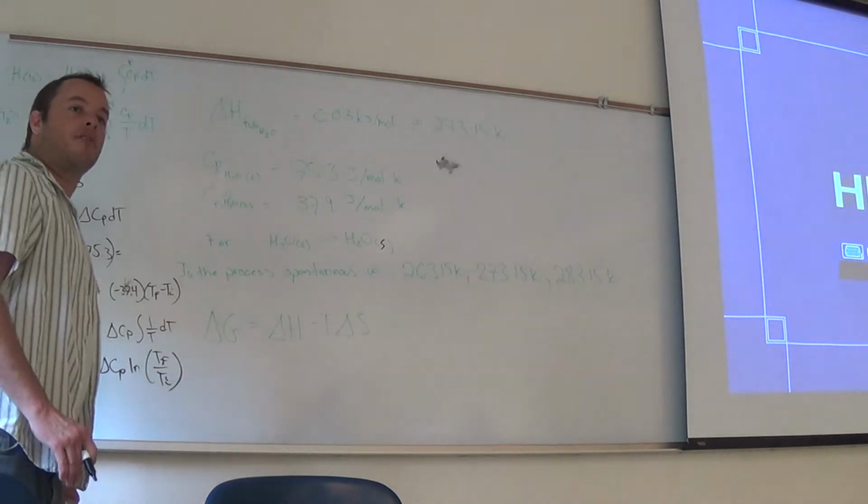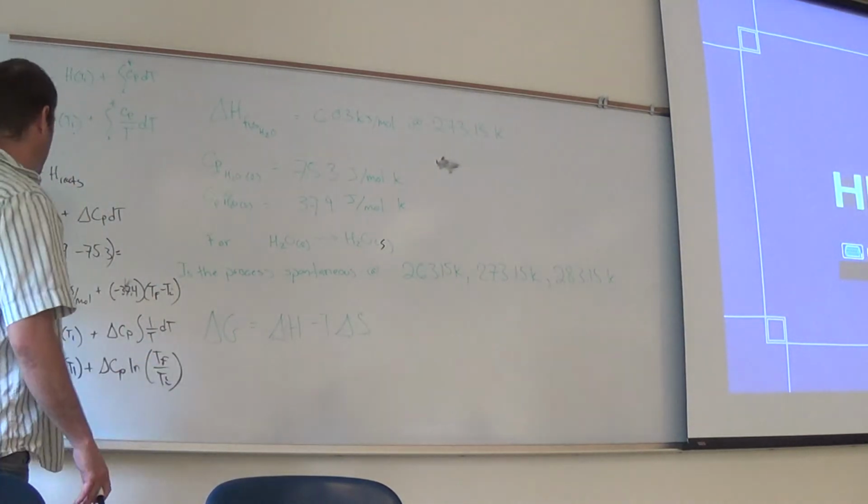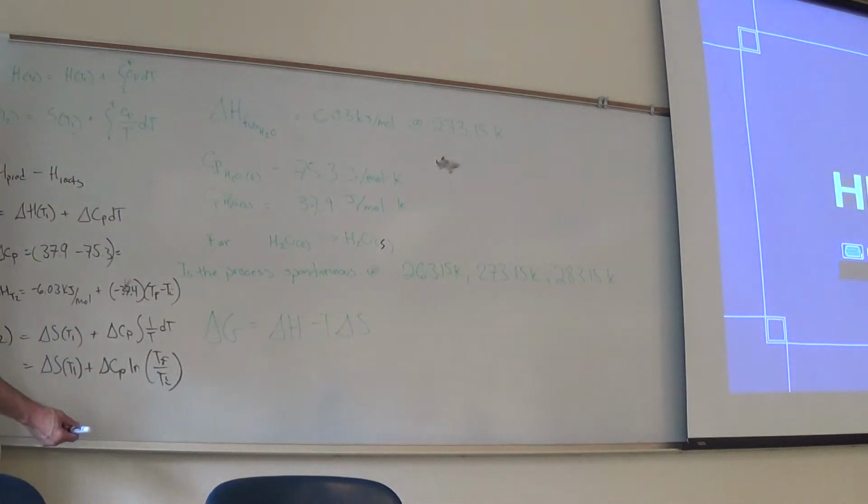And so now you have terms. I want to get through this so we get to the next problem, so I'm not going to actually plug in the numbers. But now you have terms for delta H of T2 and delta S of T2, right?